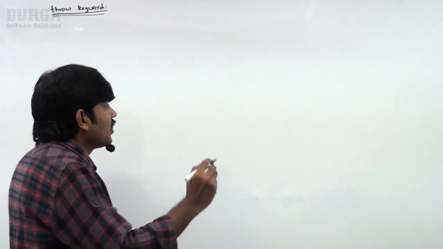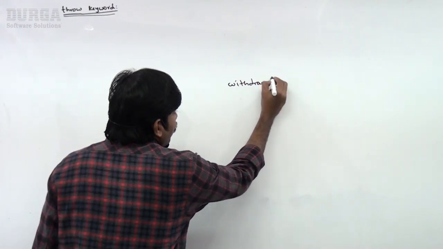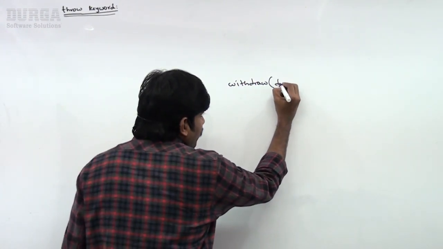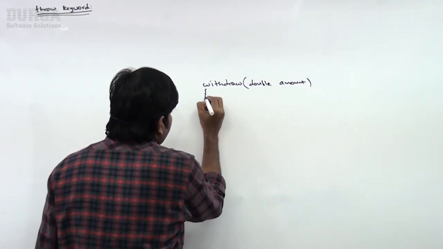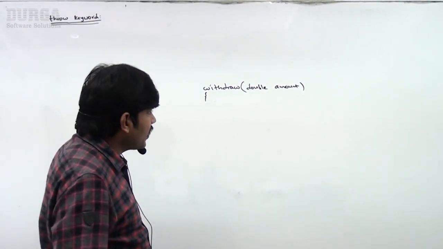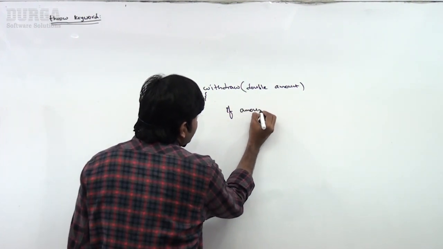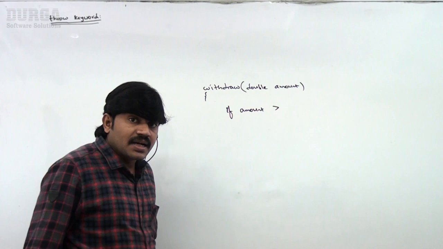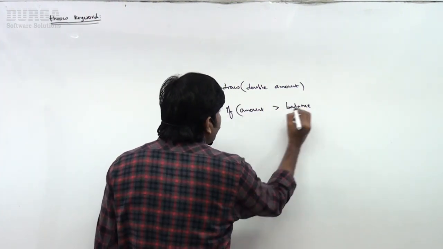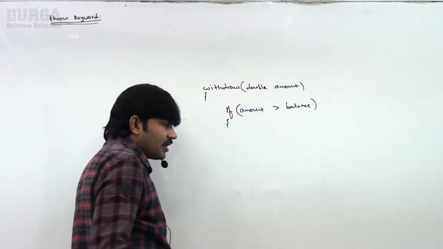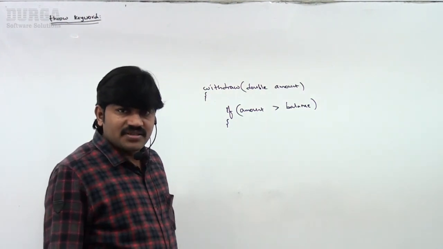Now observe, I'm implementing withdraw. Just observe the pseudocode. Withdraw amount: if the requested amount is greater than the available balance, can I process this request?